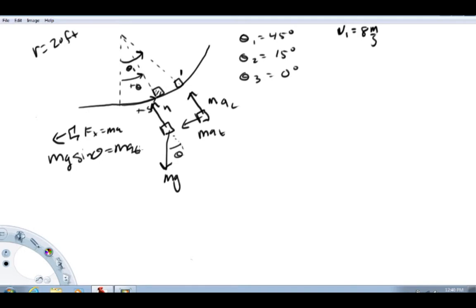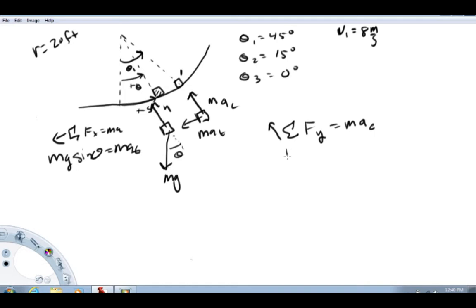Now, when we sum forces in the direction of the normal, I could call it the y direction or the n direction, I guess I'll call it the y direction, that's going to equal ma. That acceleration is the centripetal acceleration, due to the fact that the velocity vector is changing direction.